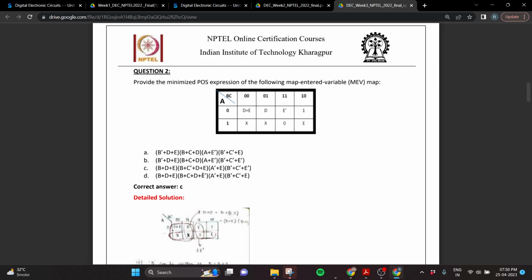Right. So if it is asking in POS form, right? So in POS we choose everything except one. Don't choose one. Right. Okay. So now it is what we have here.